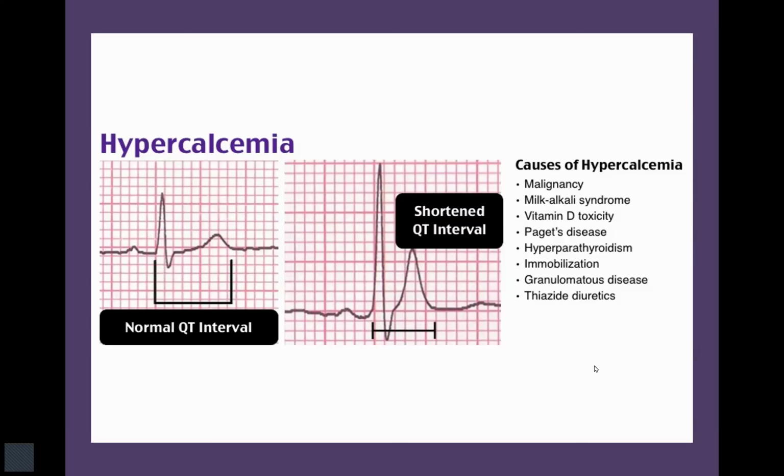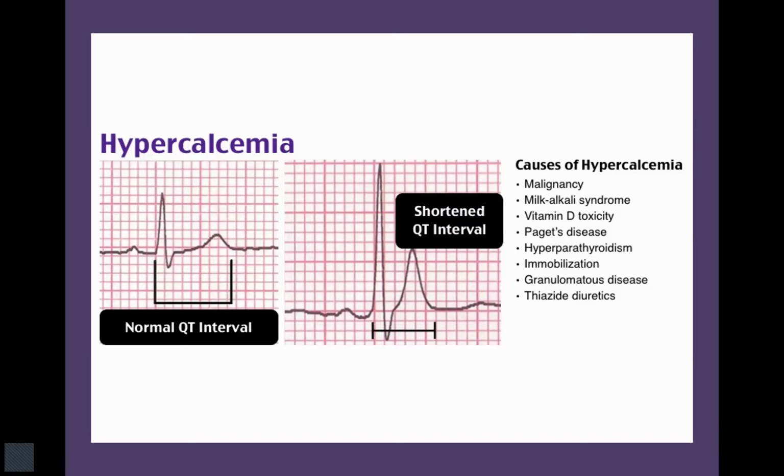All right, to remind you, just a couple of other causes of high calcium. So we talked about malignancy. There's something called milk alkali syndrome, which I won't have you focus on too much. Vitamin D toxicity. Occasionally you'll hear about people getting too much vitamin D, usually from additives in milk.